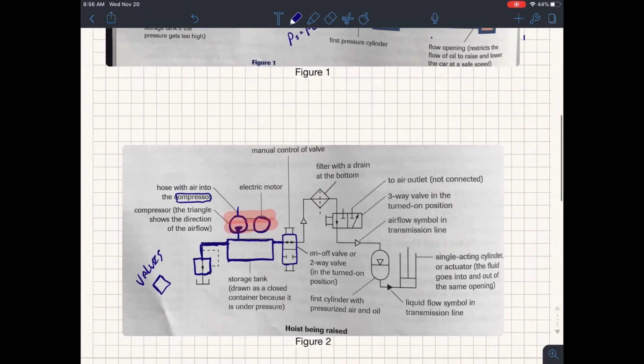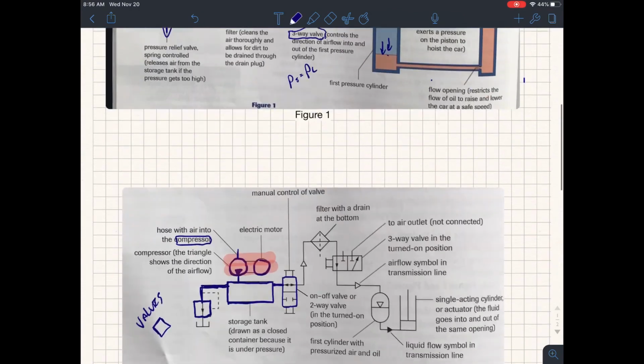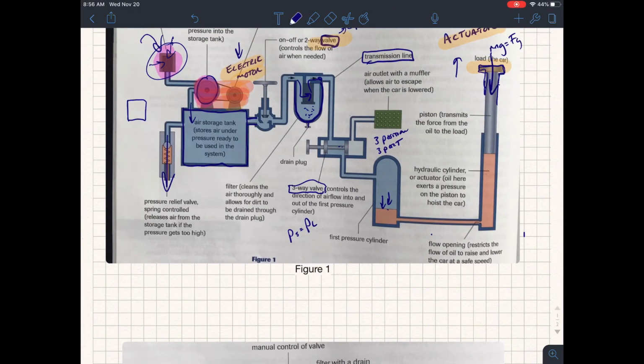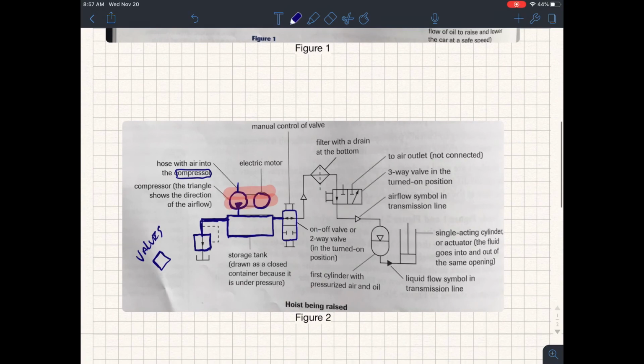So how do we represent that? Well, oh, I forgot the valve. That's why it didn't make sense. So here we are at this valve, and we've got two ports on this valve, and we've got two positions, on or off. And you can see that the valve schematic symbol has two boxes.